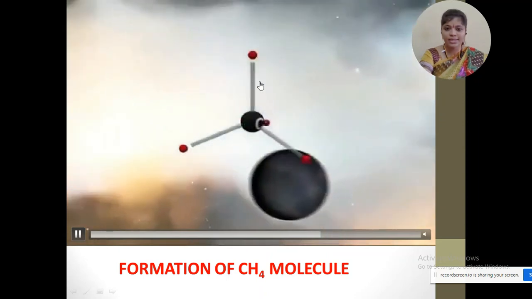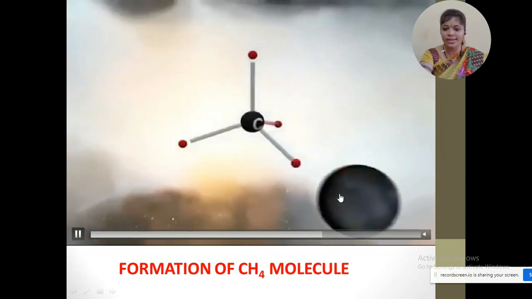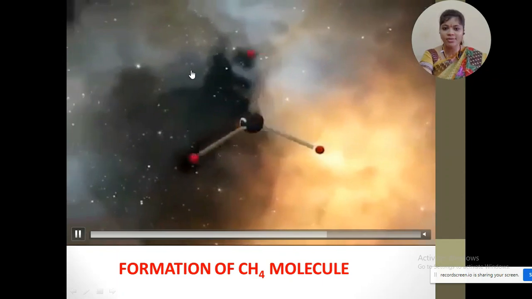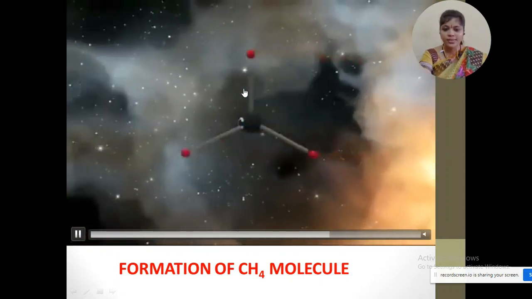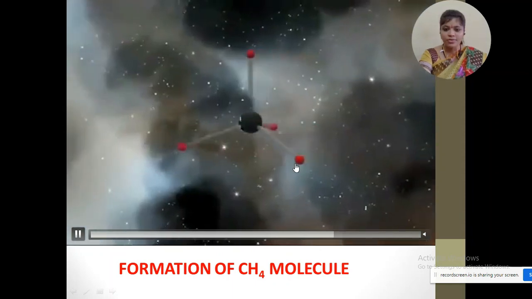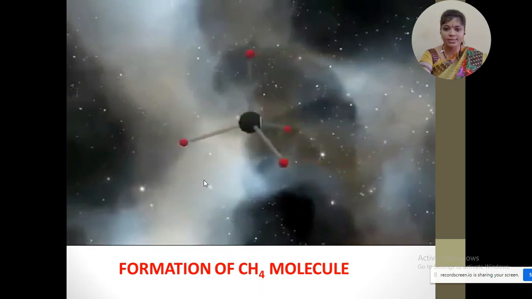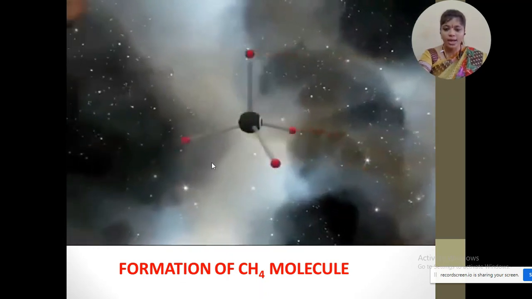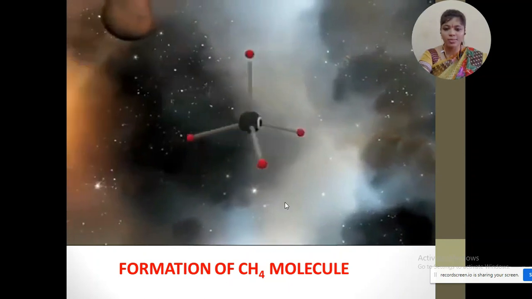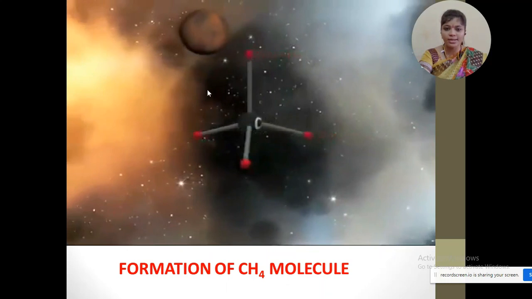Here, the sp3 hybrid orbitals of the carbon atom overlap with the s orbitals of hydrogen atoms. We already know the difference between overlapping and hybridization: intermixing happens within the same atom, and overlapping happens between different atoms.